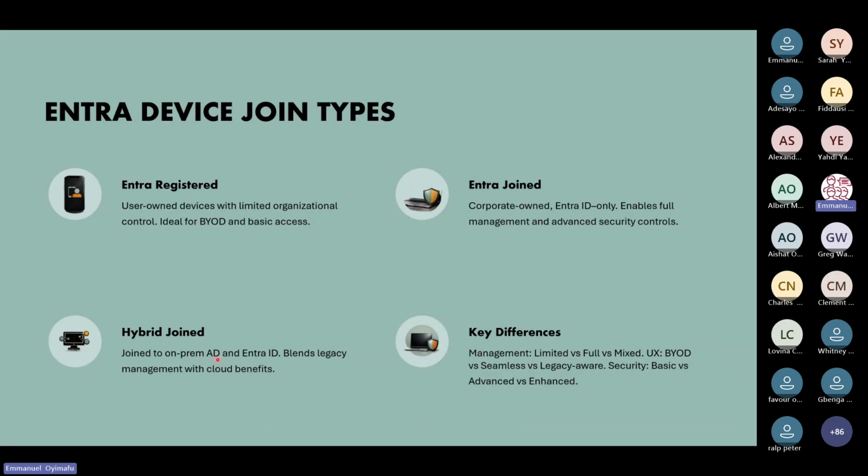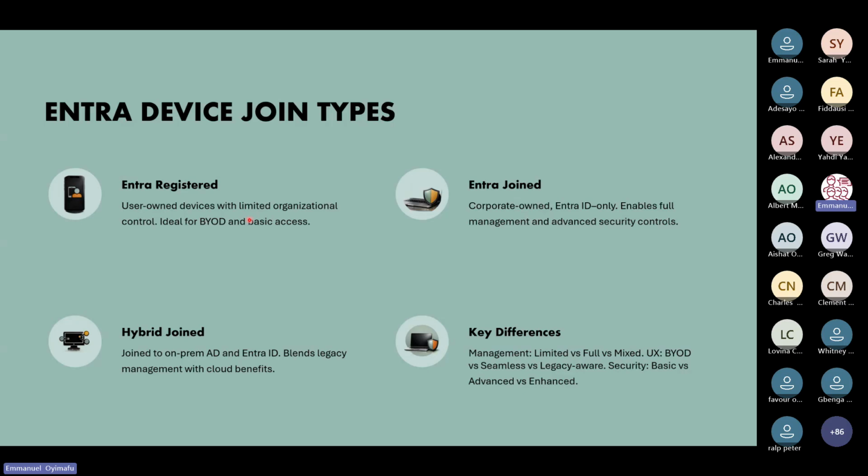So the next is seamless versus legacy aware. So this first one, in terms of security, it gives the organization basic security, which is Entra ID registered. It just gives them basic security because it is not the organization that owns it. You can't come and be managing my own laptop or my own device for me.